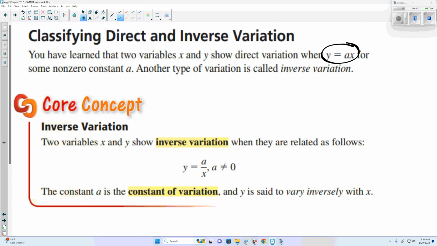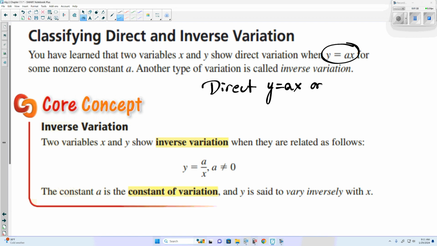So direct variation comes in the form of y equals a times x. Now, a is just a constant term. It's just a number. It can be an integer, 1, 2, 3, 4, negative 1, 2, 3, 4. We can have a positive, negative, a fraction, a decimal.